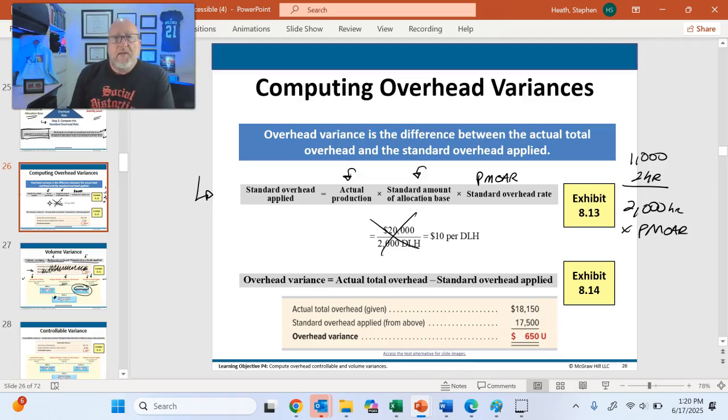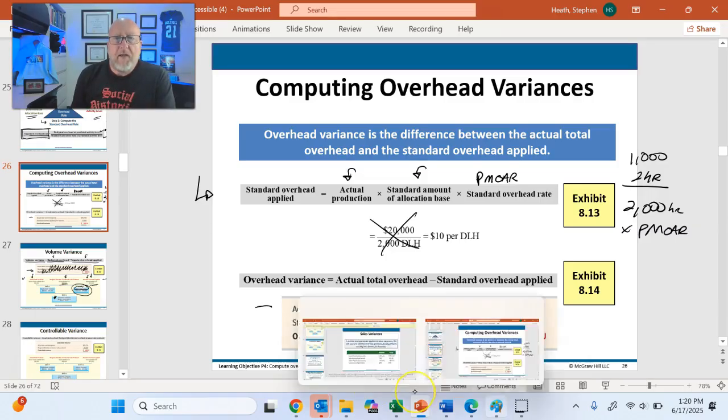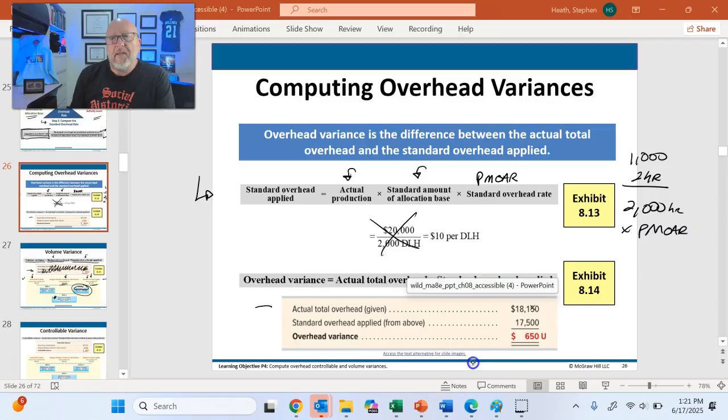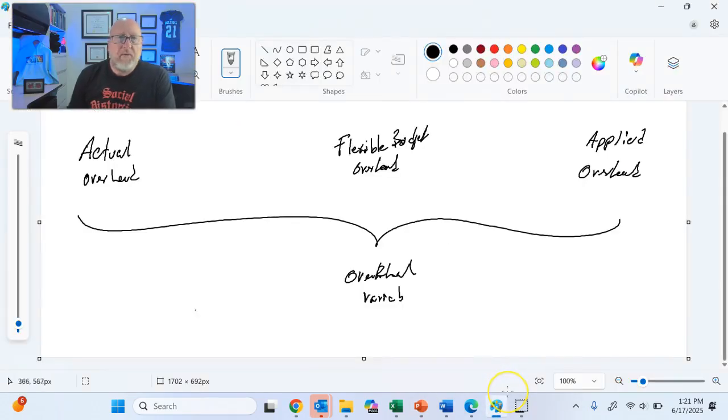Okay? And so in this particular situation, they're telling us, for simplicity, our actual overhead is 18,150.